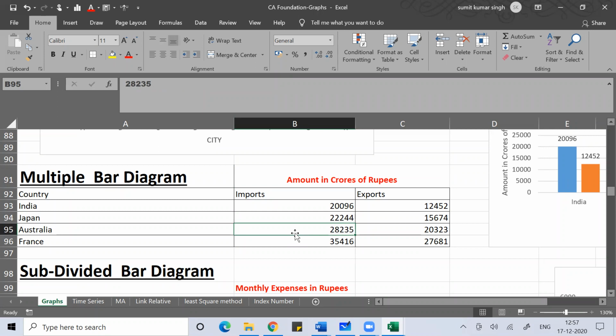I hope everyone understands what is balance of current account. Balance of current account is positive if your export is more than import, and negative if your import is more than export.